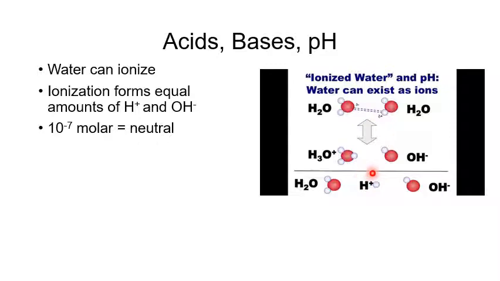Okay, like I said, there is a small amount of H2O that ionizes. It's 10 to the negative 7th, so 0.0000001 molar is ionized to hydrogen ion and hydroxide ion.